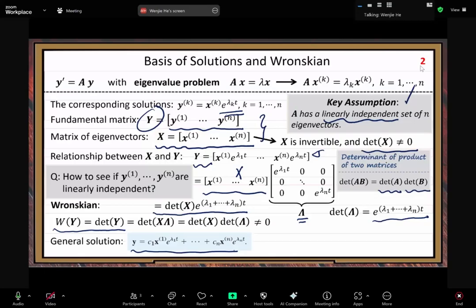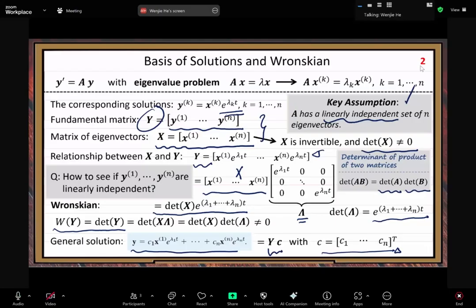But can you write this in matrix multiplication format? Yes, we can. The matrix multiplication format is capital Y times a constant vector C, with C1, C2. Here I use a transpose because the C vector should be a column vector.